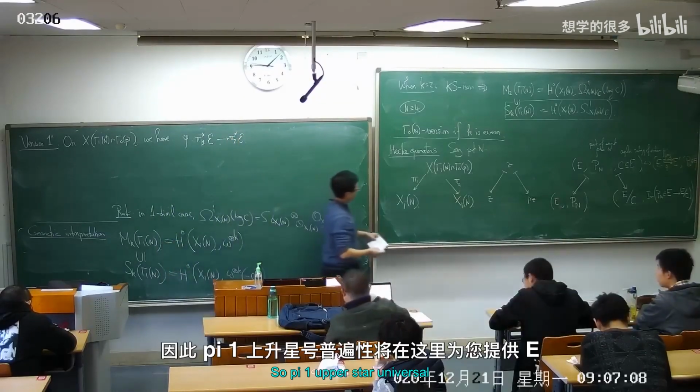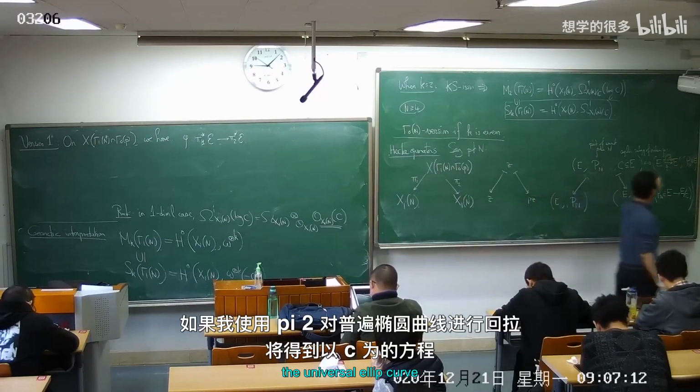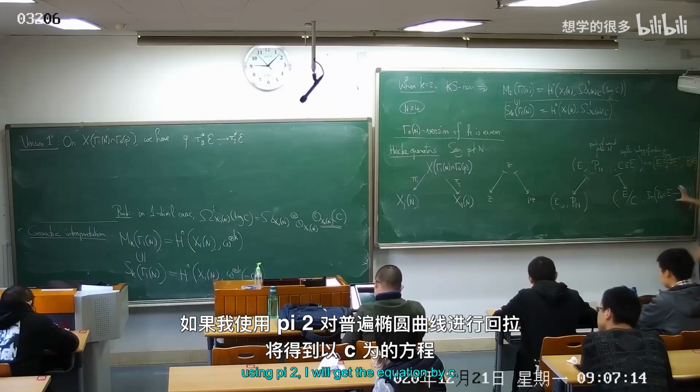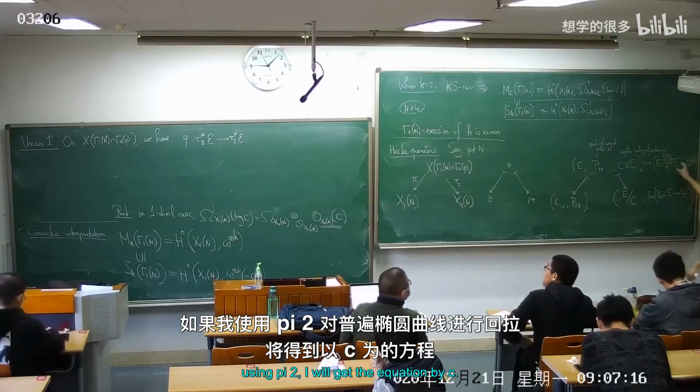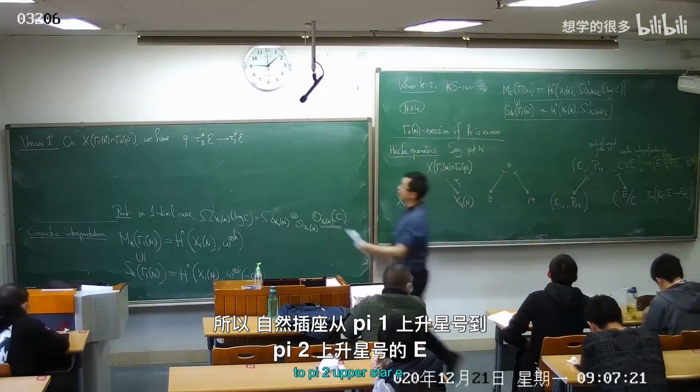So pi 1 upper star universal E will give you the E here. And if I pull back the universal elliptic curve using pi 2, I will get the E quotient by C. So the natural isogeny goes from pi 1 upper star E to pi 2 upper star E.